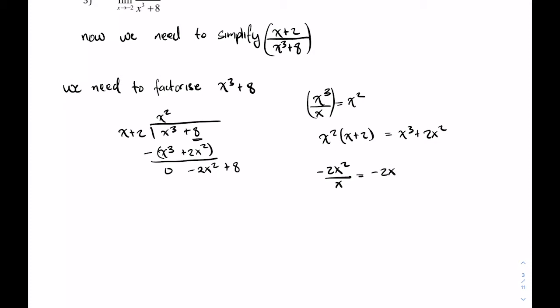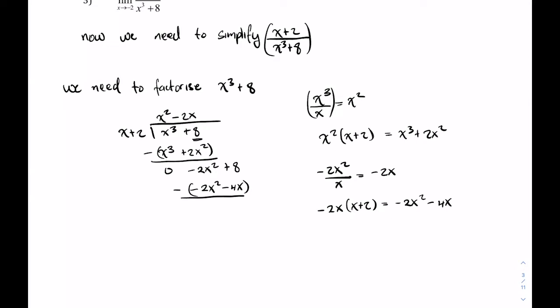So that means we have minus 2x right there. And so we now ask ourselves, what is minus 2x multiplied by x plus 2? This is equal to minus 2x squared minus 4x. Okay, so this means we can now write down minus 2x squared minus 4x in brackets.